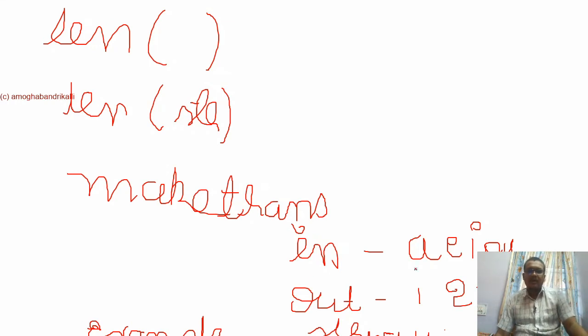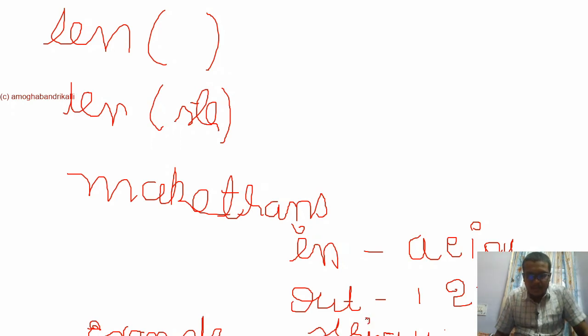Now what this maketrans is going to do is, it is going to take the elements in the in variable, search for them in the string, and replace them with the output variable. Equivalent numbers will be replaced in the string. So in the in we are having A, E, I, O, U. Wherever these values are present, they will be replaced by this number.